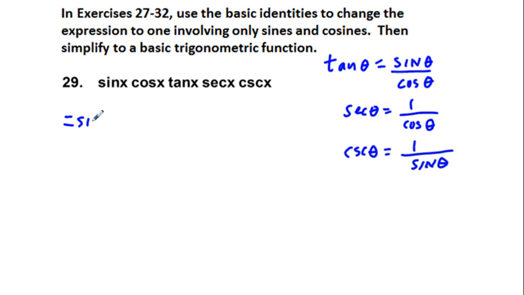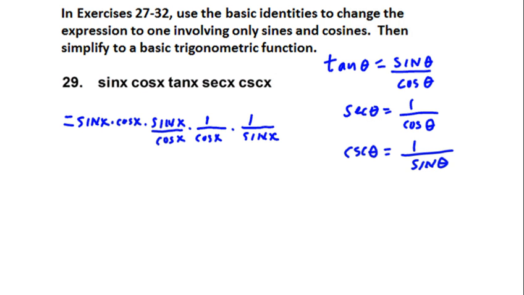So we're just going to replace these last three. So we have sine x times cosine x, and now replacing tangent theta, I want to leave it all x, sine x over cosine x, and we replace secant x with 1 over cosine x, and we replace cosecant with 1 over sine x.